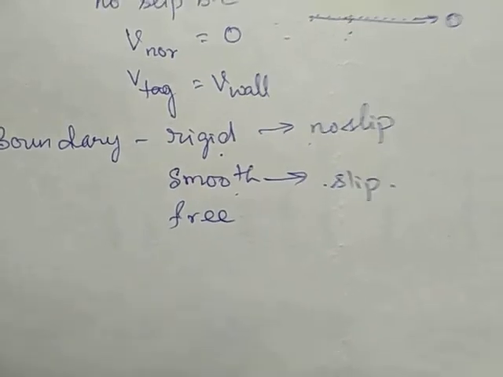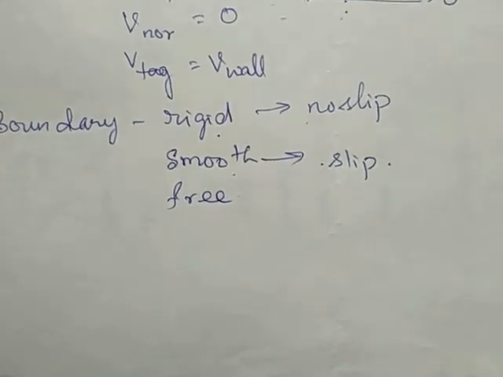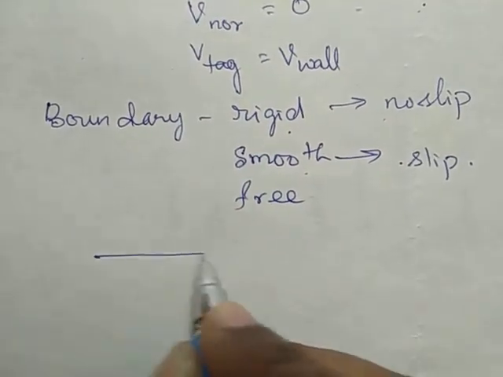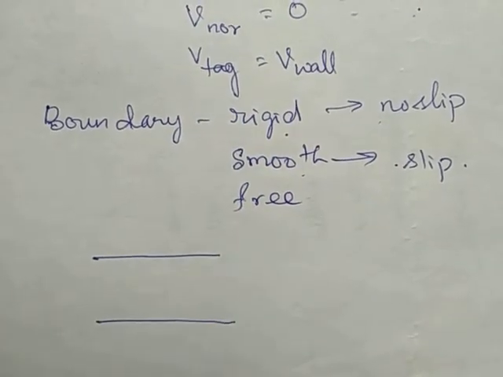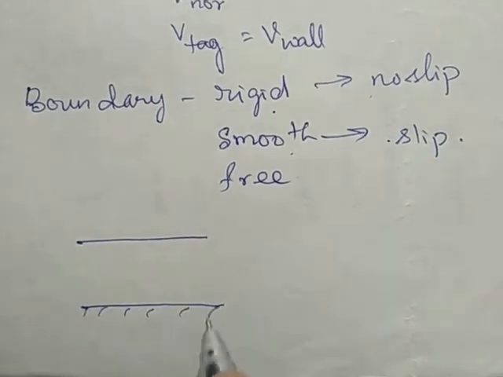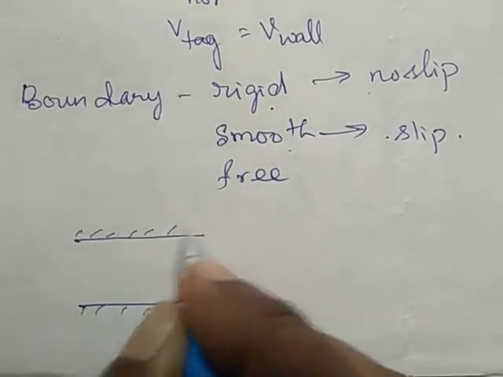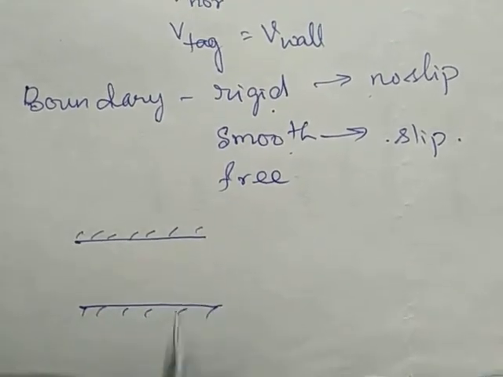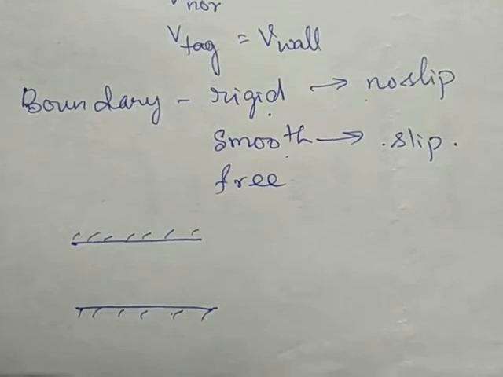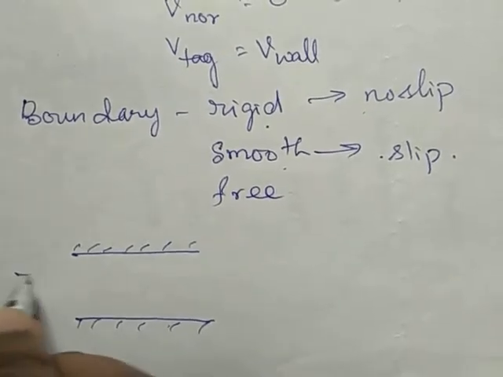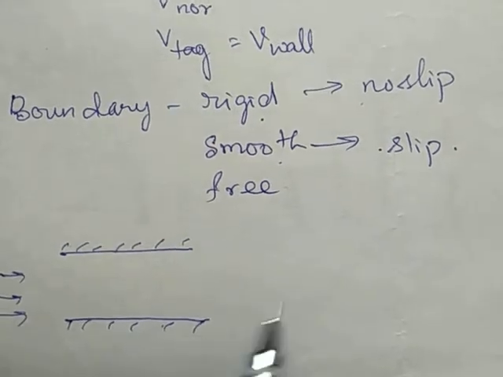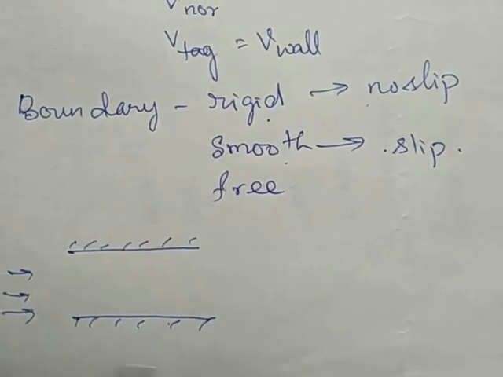For example, consider a fluid flow between two stationary parallel plates. It means these plates are fixed, at rest, not moving. In this case, the fluid flow takes place in the channel.